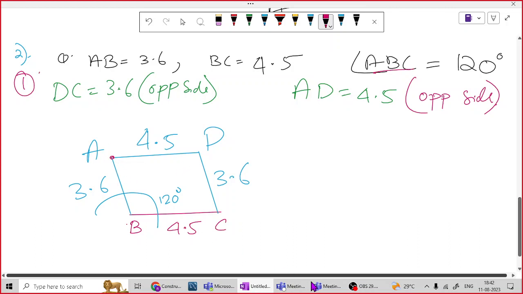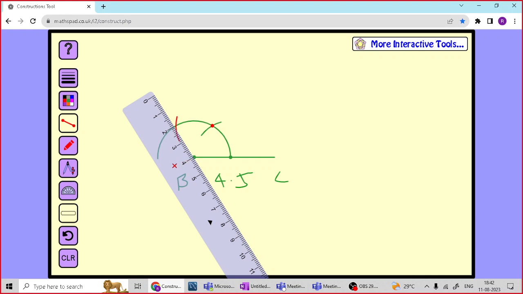Okay, what's the length of AB, students? AB is 3.6. Did you draw 3.6? Okay.